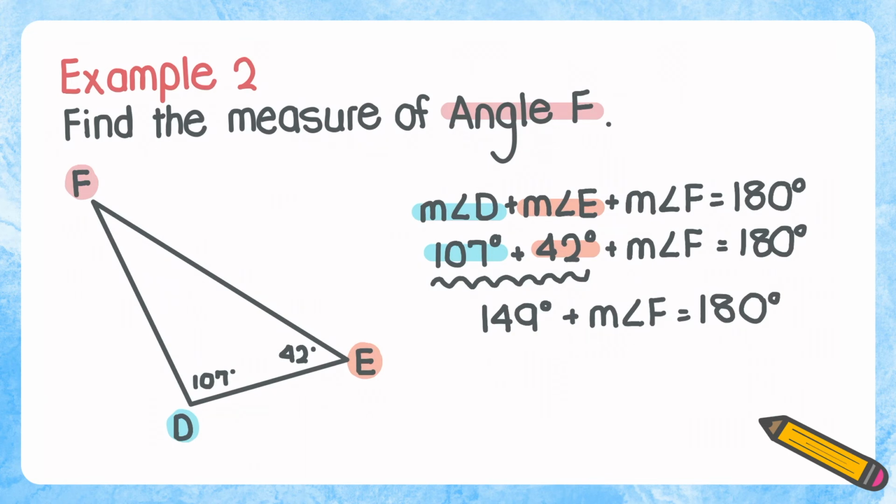To isolate the measure of angle F, we are going to subtract 149 degrees on both sides. This cancels out, and we have that the measure of angle F equals 180 minus 149, which is 31 degrees.